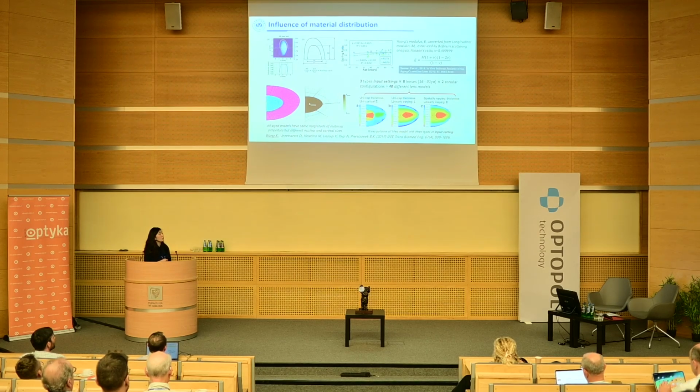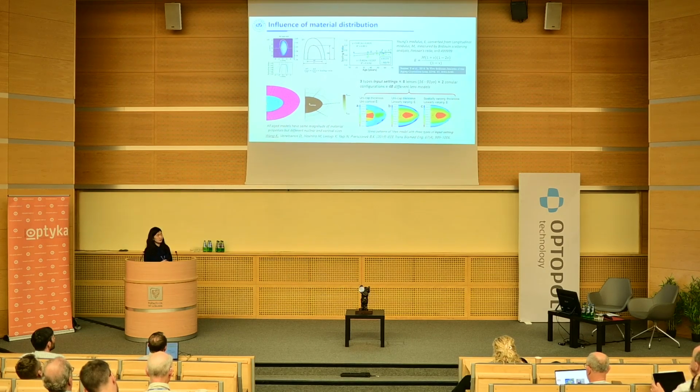That is, the nucleus has a constant Young's modulus, which decreases gradually towards the surface. This approach can be applied because we have a structured mesh, so the nodes are distributed in a structured way. In total, we consider three different types of model settings, eight different ages and two zonal configurations.